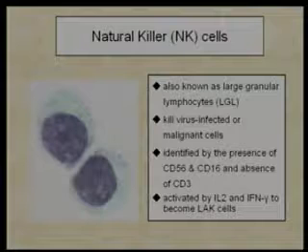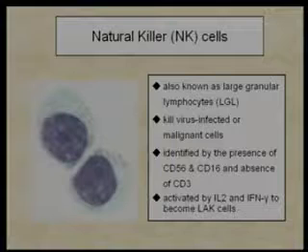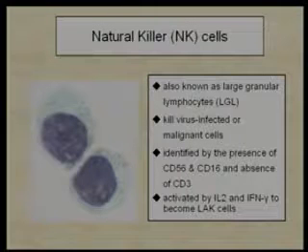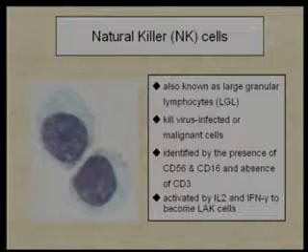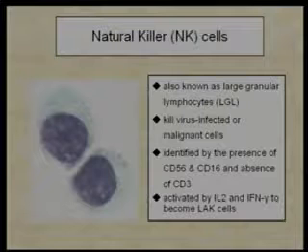And as I said, these kill virus-infected and malignant cells. Again, you can distinguish them morphologically, but it's really kind of difficult because you don't find a lot. For example, if you look in peripheral blood, you don't find a lot of these cells, and so they're pretty difficult to identify morphologically. So again, there are some markers that are helpful in identifying these cells.